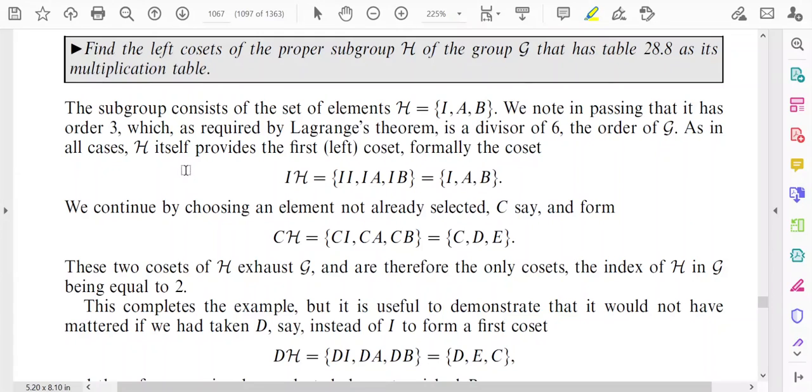Now what we have to do is find the cosets corresponding to the subgroup capital H. Capital H itself provides the first left coset.